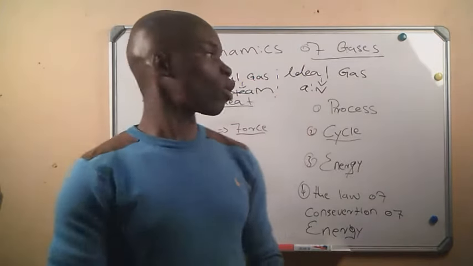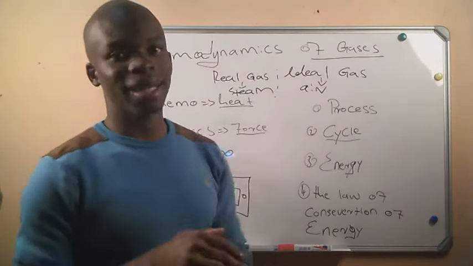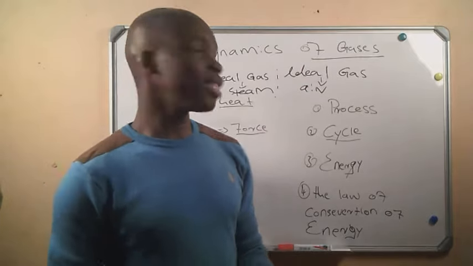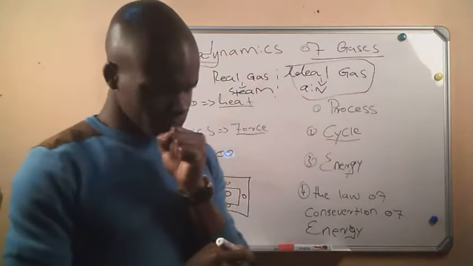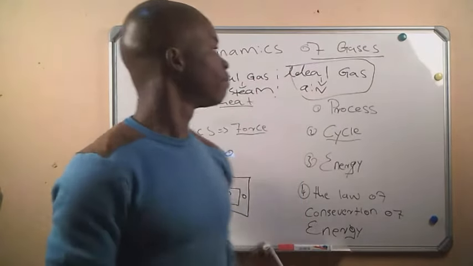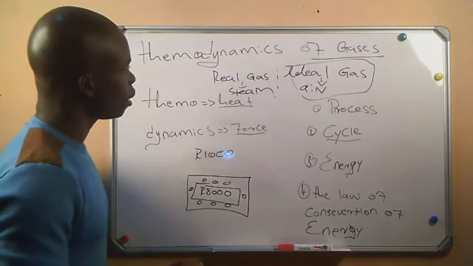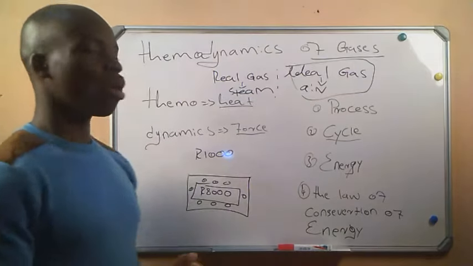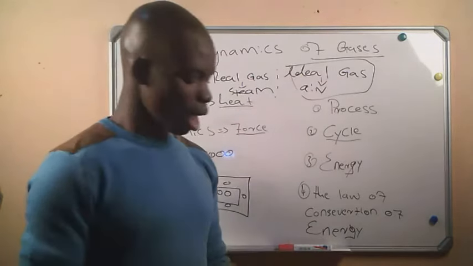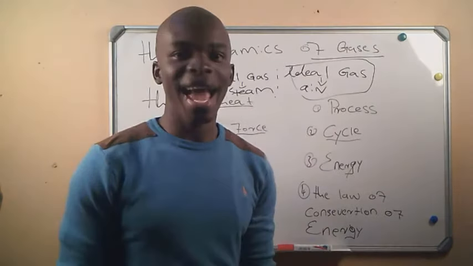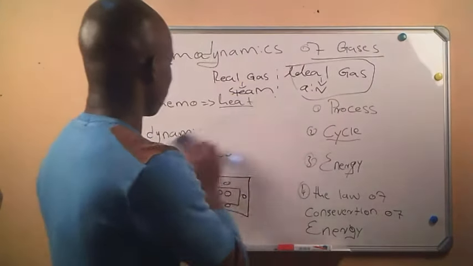That's all we are going to say about these two. And in this topic, we will be using ideal gases. So what are these gas laws that we are talking about? We have two of them.